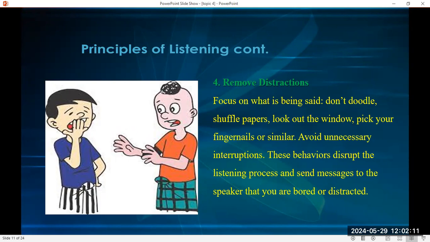So remove distractions. Focus on what is being said, don't doodle, don't shuffle papers, don't look out the window, don't pick your fingernails. Sometimes you find people even biting their fingernails. Avoid unnecessary interruptions so that you can focus on what the speaker is saying.